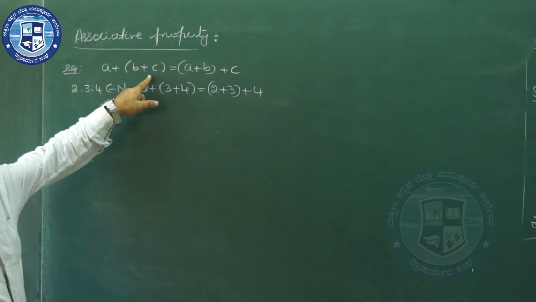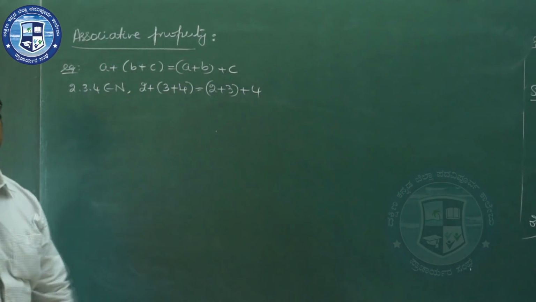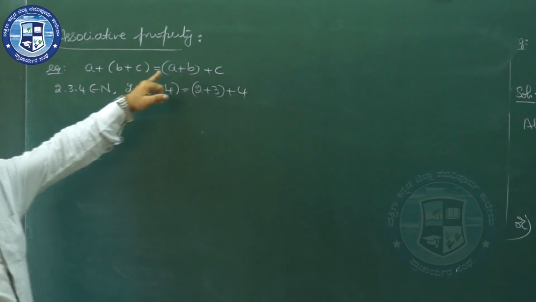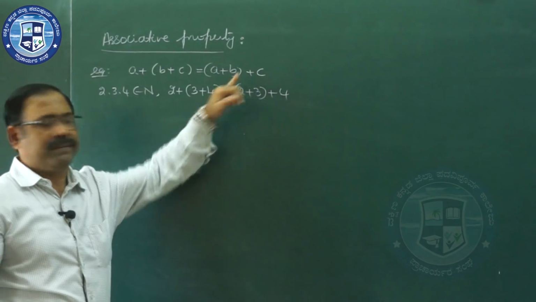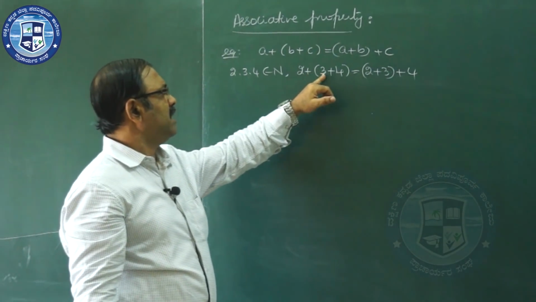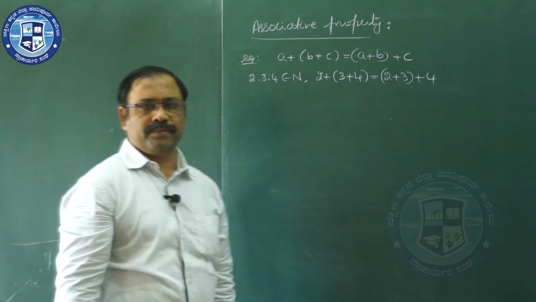Association of B and C with A is the same as association of A plus B with C. So, A plus B plus C is the same as A plus B plus C. As an example, 2 plus 3 plus 4 equal to 2 plus 3 plus 4.